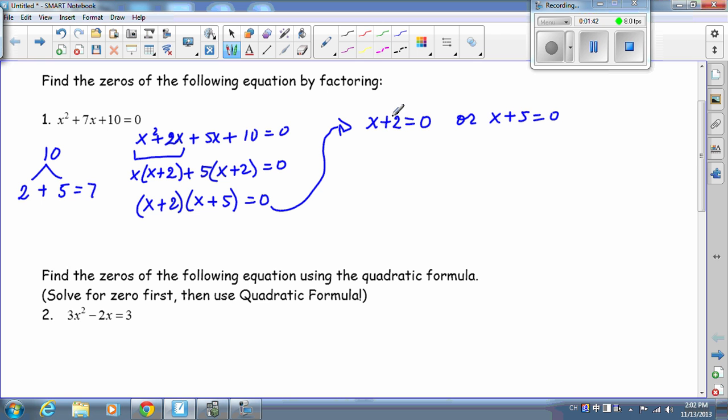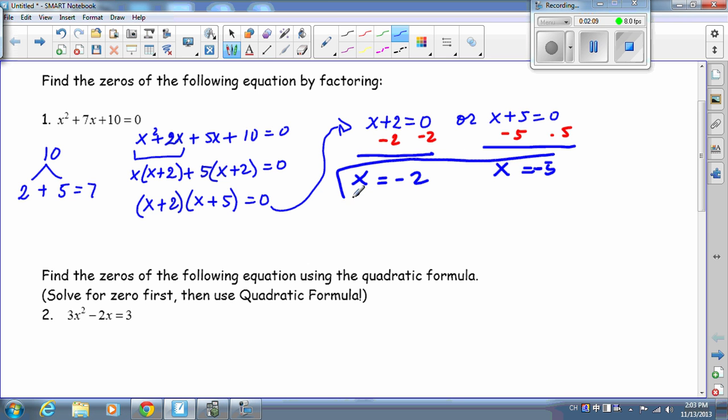If I solve this one by subtracting a 2 from both sides, I will end up with x is equal to negative 2. Or I can do the same thing here by subtracting 5 from both sides, and I will end up with x is equal to negative 5. And this is actually your solution: x equals negative 2 or x equals negative 5.